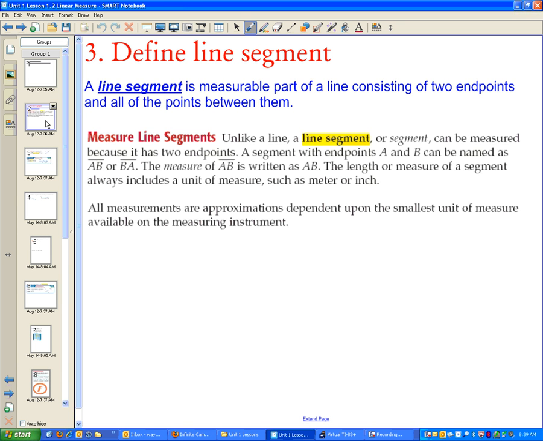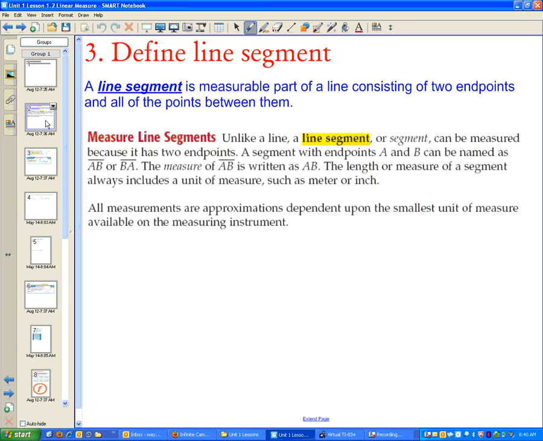Okay? Now, you also need to realize that none of our measurements are going to be exact. They're all going to be approximations, and they all depend upon the smallest unit of measure available on your measuring instrument. For instance, if you had a ruler that was 12 inches long, it's a foot, but no inches were marked off, well, the best estimation you can do is to the nearest foot, isn't it? Okay?